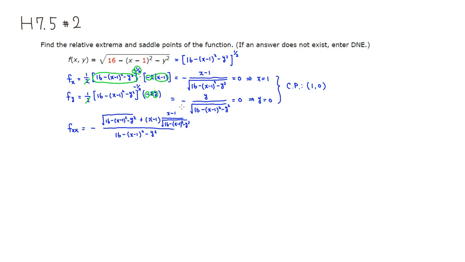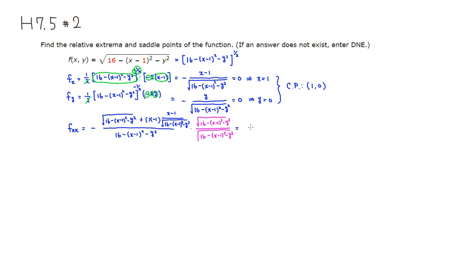This looks pretty bad, so I'm going to multiply top and bottom by the square root of 16 minus x minus 1 squared minus y squared. This way we can simplify.